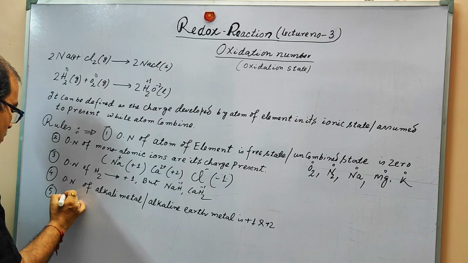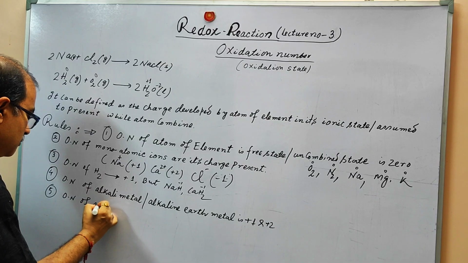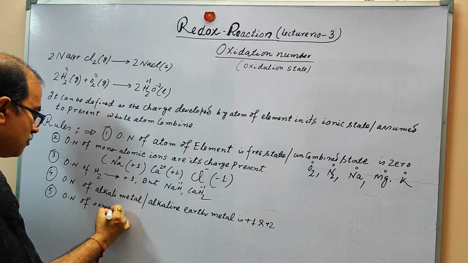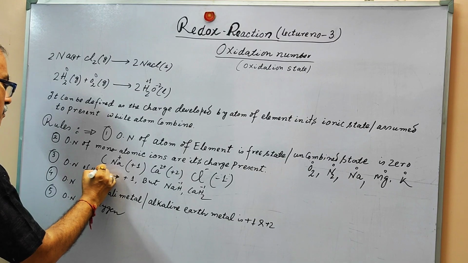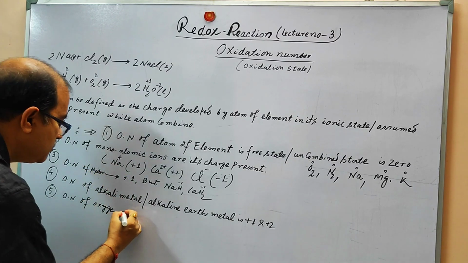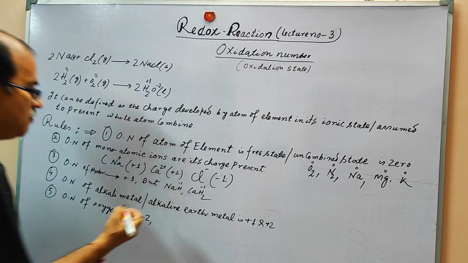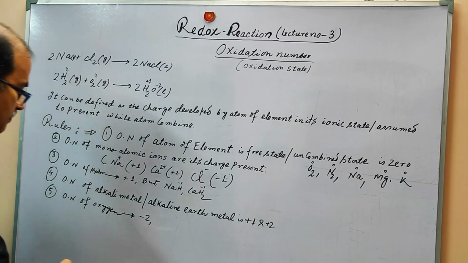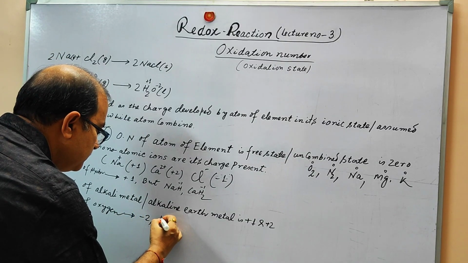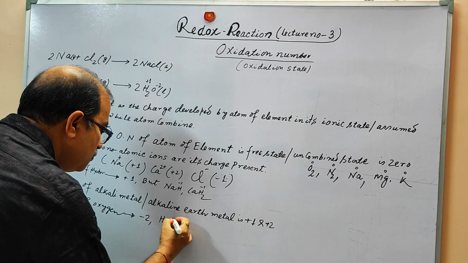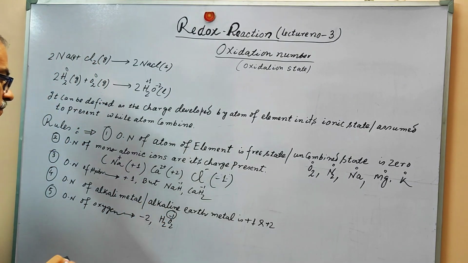Fifth rule: the oxidation number of oxygen is always -2, but there are exceptions. For peroxide, H2O2, this will have -1.